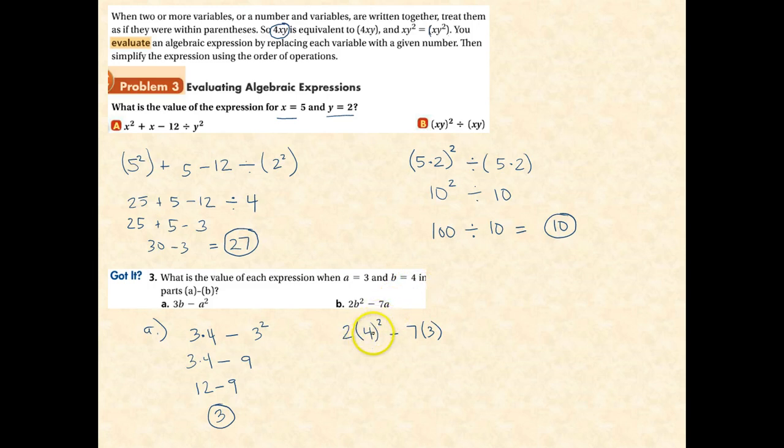I do have a power here. 4 squared means 4 times 4. So 4 times 4 is 16, minus 7 times 3. 2 times 16 is 32, and 7 times 3 is 21. I'm doing the multiplication before I do the subtraction. And now 32 minus 21 is 11.